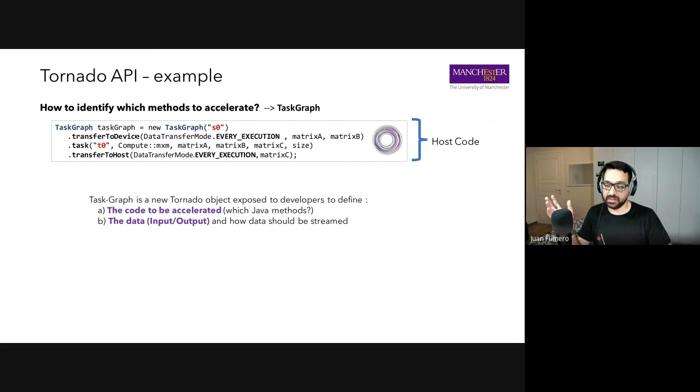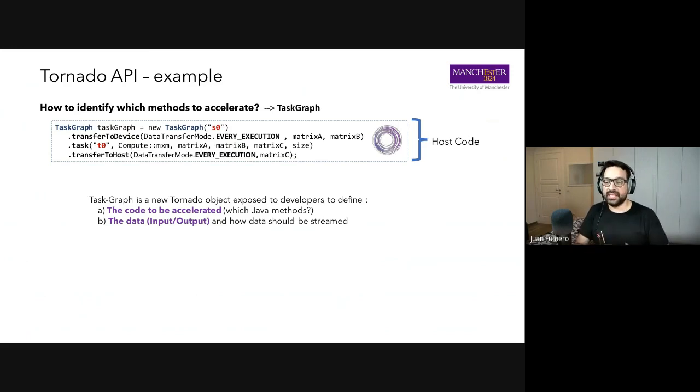And the task graph API, inside we actually have 3 main methods. It's a very lightweight API. So we have transfer to device, transfer to host, and tasks. The transfer to device defines the data to be sent from the Java heap to the device memory. Remember that these accelerators might not share the same memory, so we need to identify which data to be sent.